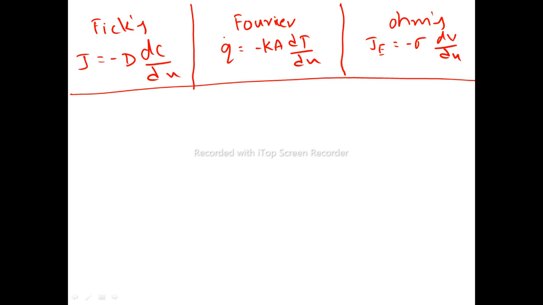So first of all, Fick explained his law with a salt solution and pure water.